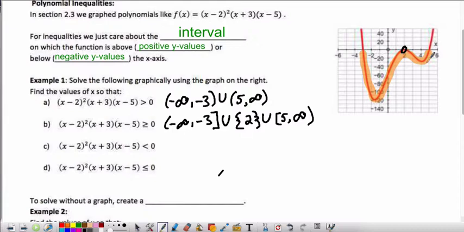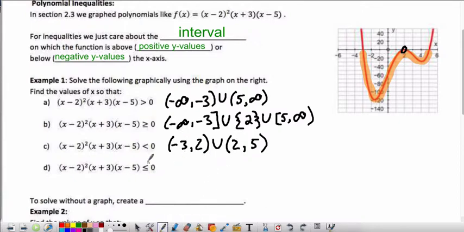We're going to go from negative 3, not including negative 3 because we don't want to include the 0, to 2, not including 2 because it's 0 there, and then 2 to 5. When I look at this, I'm thinking this must be all below the x-axis, but it must touch it right at 2, because we're going up to 2 but not including 2, and we're starting at 2 but not including 2.